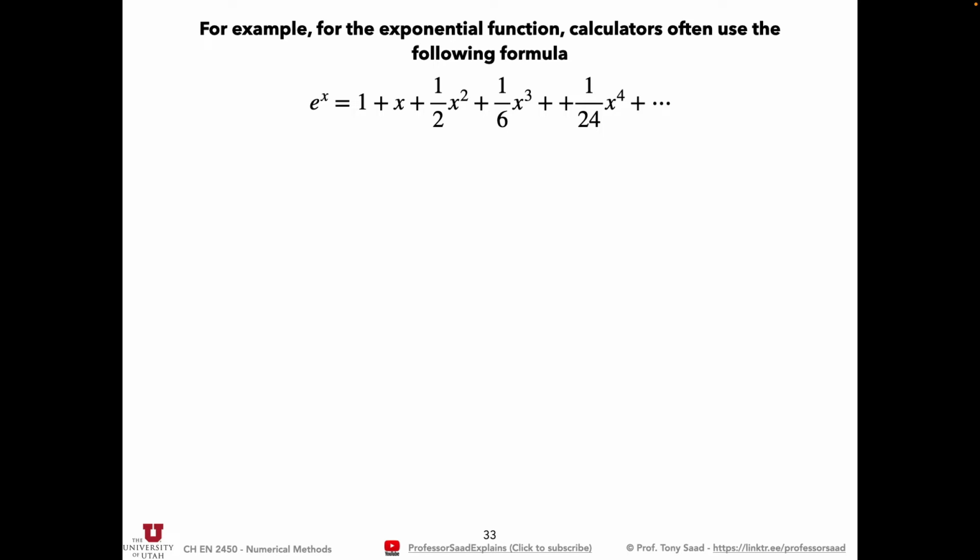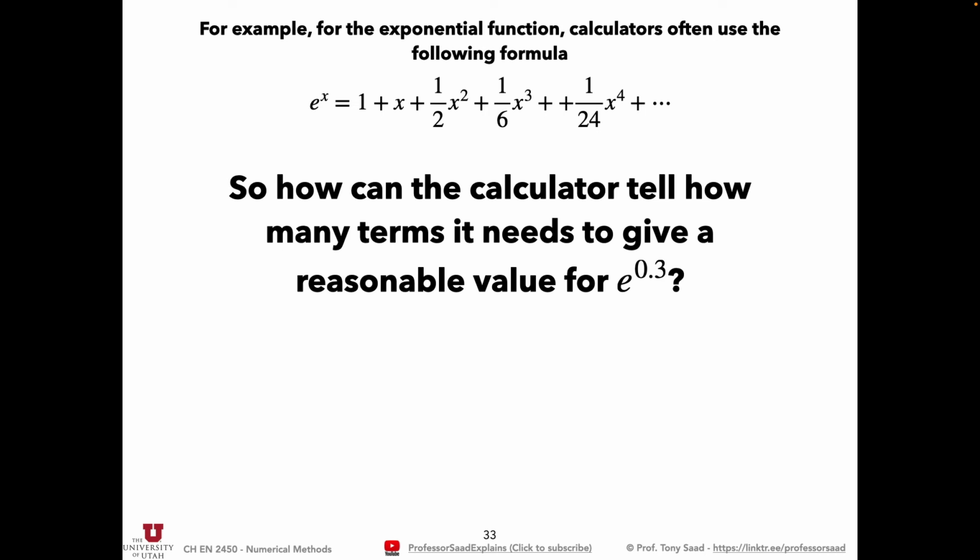Those are easy to compute because of x squared, division by 6, etc. Now, how can the calculator tell how many terms it needs to give a reasonable value for e to the power 3? In the previous example, you computed the true value of f prime of 3 on your calculator, and we called that the true value. That's really not the true value. It's just an approximation with very, very high accuracy.